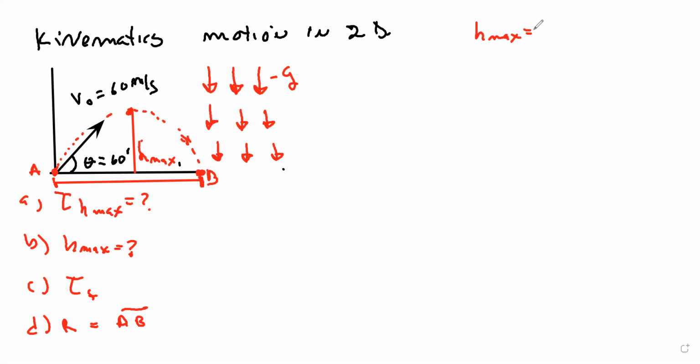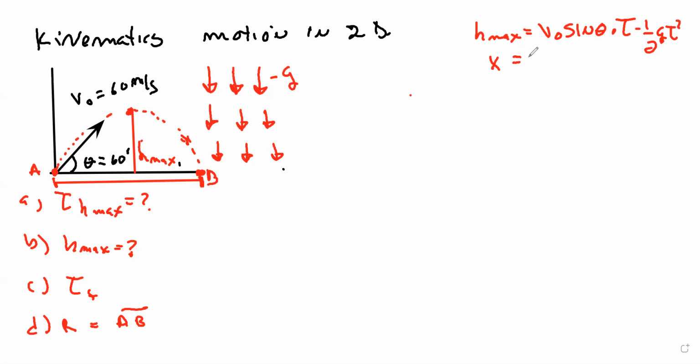So the equations we can use for the maximum height are going to be, let me make this a little better. Y is going to be V0 sine of theta times t minus 1/2 of g t squared.